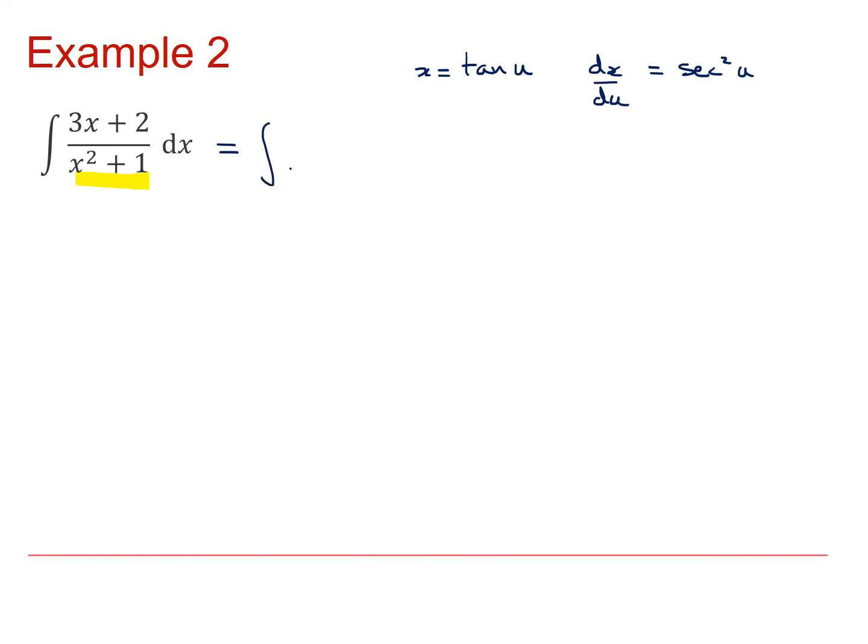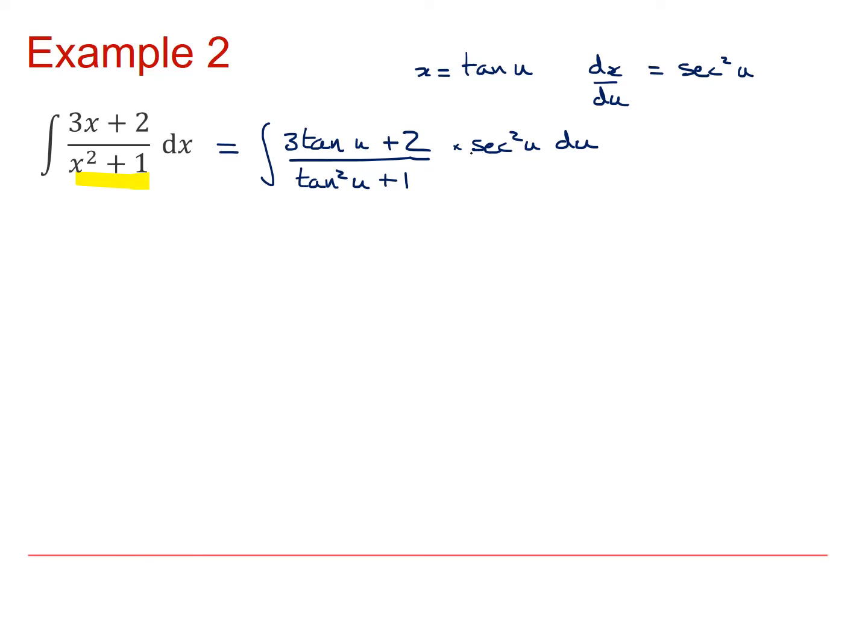I get the integral of 3 tan u plus 2 over tan squared u plus 1, and that's times sec squared u du. 1 plus tan squared on the bottom is sec squared.